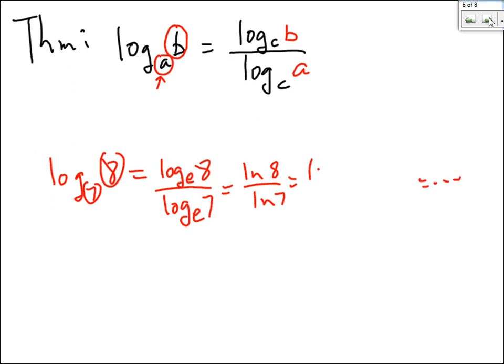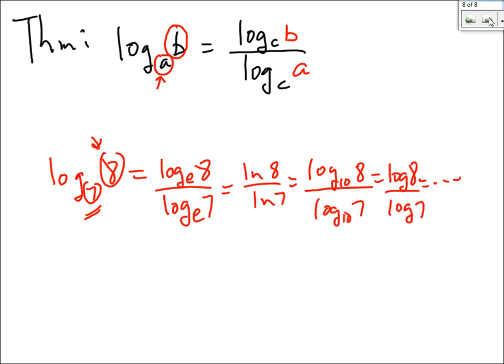Or you can use log, which means log base 10. You can use log base 10 of 8 divided by log base 10 of 7, which in shorthand is log 8 over log 7.